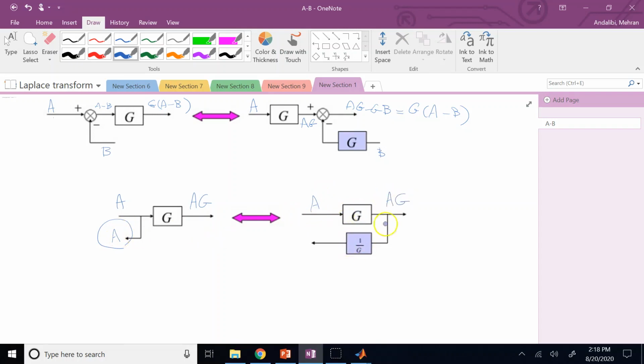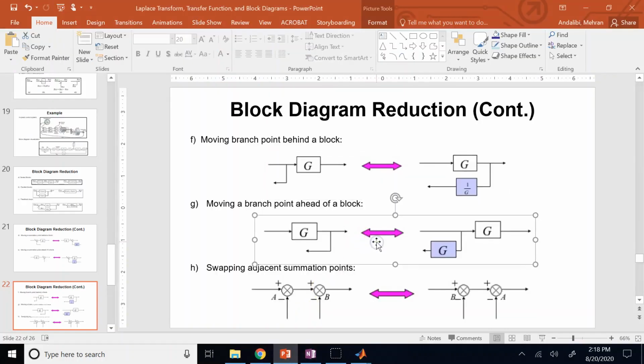If I do not add that 1 over G, then I will directly get AG, which is different from A. But when I multiply it by 1 over G, then I would get A out, right? So if I want to get the same feedback, I need to have this 1 over G artificially added. And the opposite of that when I move it from right to left.